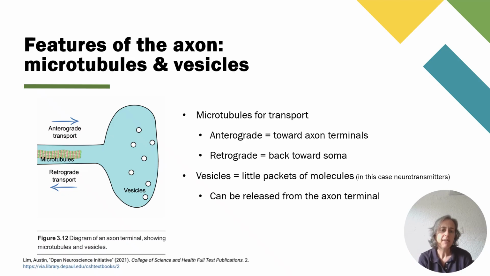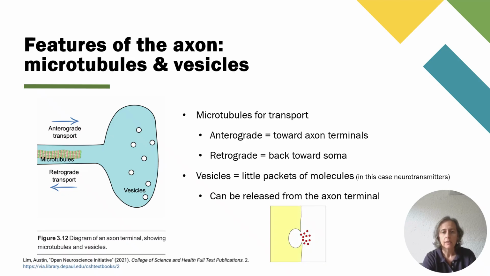The other thing about the axon is we're going to have these little packets called vesicles. They're little packets of molecules. In the case of a neuron, they are neurotransmitters almost all of the time. And they're just these little membrane-bound bubbles. Just little bubbles of molecules, little packages. We've put a little membrane around a group of them. And these can be released from the axon terminal.